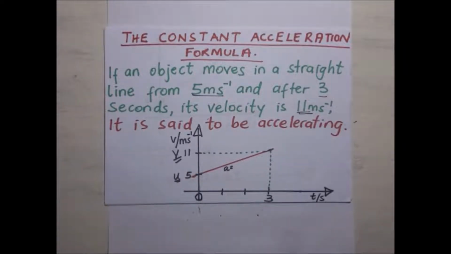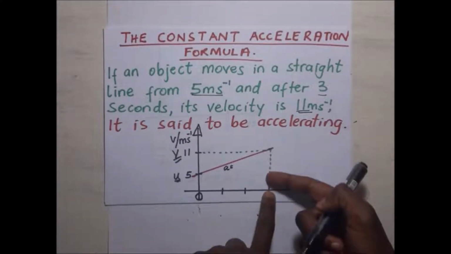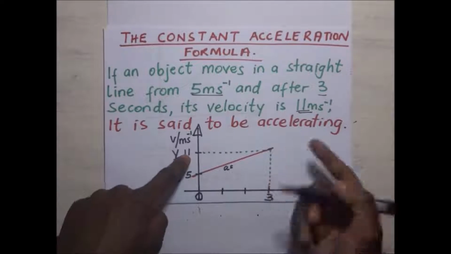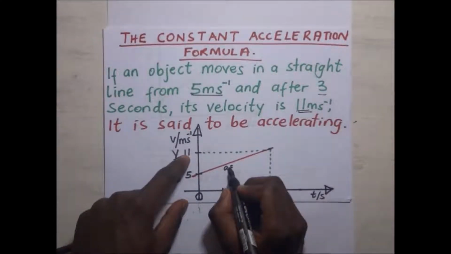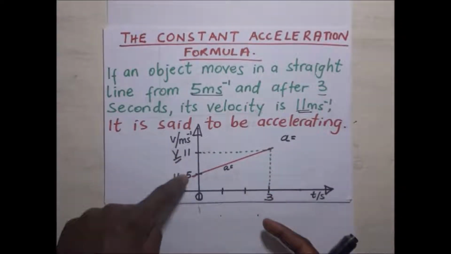And now, to find the gradient, of course, the formula for gradient is going to be change in y. So what is changing in y? The final velocity 11. To get this acceleration, the slope, acceleration is going to be equal to the change in y, which is 11 minus 5.